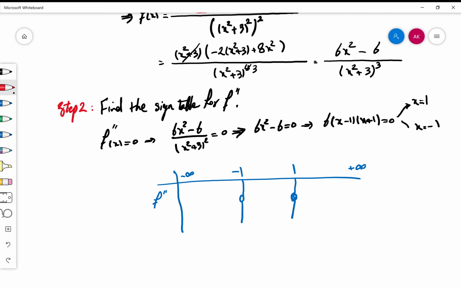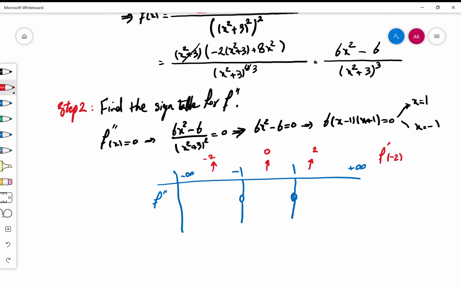I need the test values. I need to put 3 values here, so I will take negative 2, 0, and 2. Then I have to evaluate f double prime at every single test value.